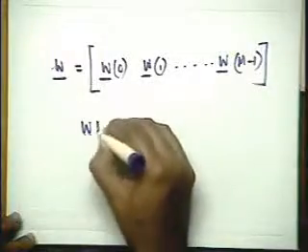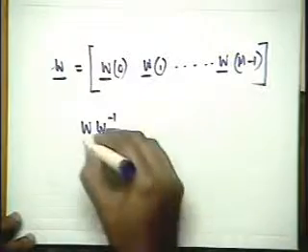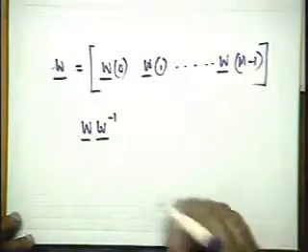So all the columns I am just putting one after the other, and I get a matrix W. Now what is going to be the size of this W matrix? M by M. So it is a square matrix. And it is very easy to show that W inverse, can you predict what it is going to be?